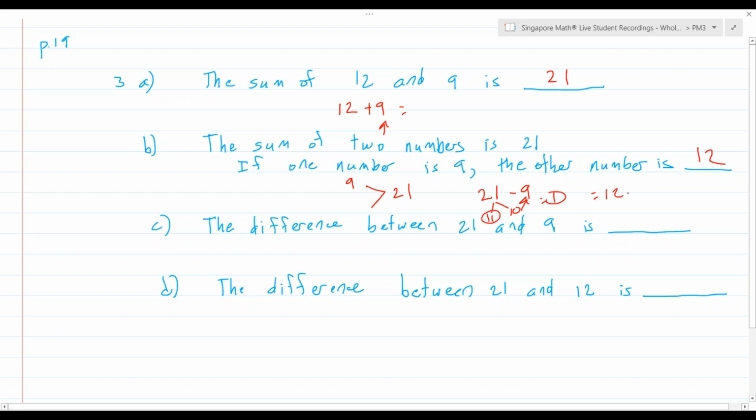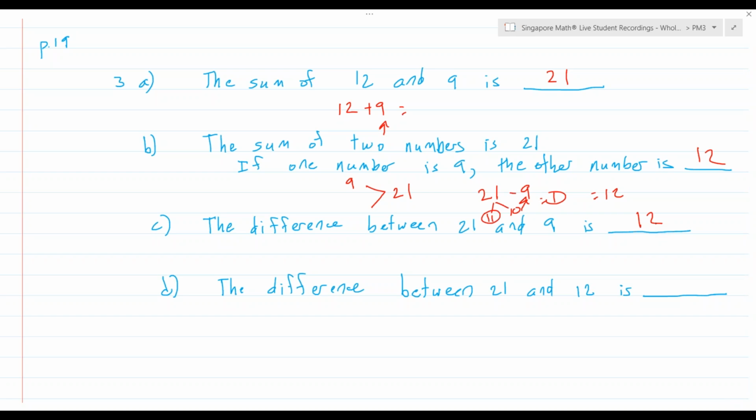But notice they're restating the same question in each of these. Letter C, the difference between 21 and 9 is 12. B and C are the same question stated different ways. When it says difference, we'll subtract. If we know the sum of two numbers and we know one number, we're trying to find the other, that's given a whole and a part, we're going to subtract to find the part.